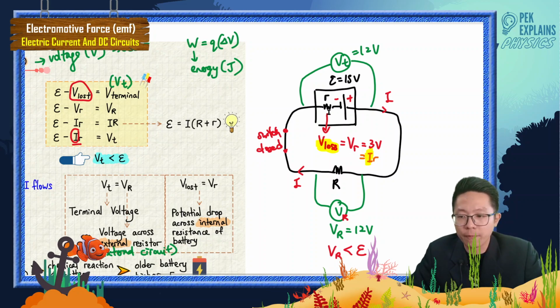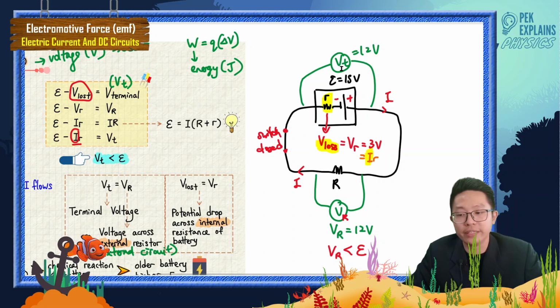This internal resistance becomes significant because there is current, there is IR. So that's why for the terminal voltage, you won't get the EMF.